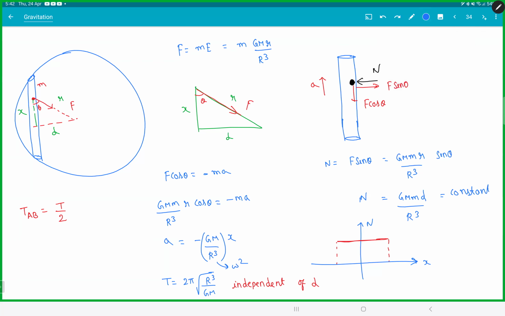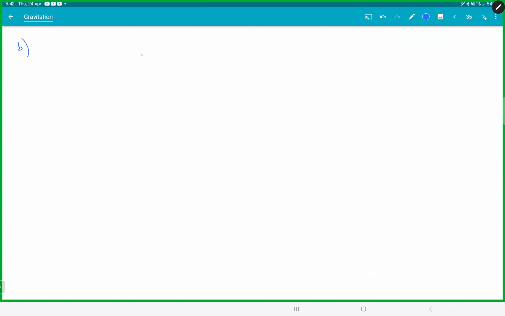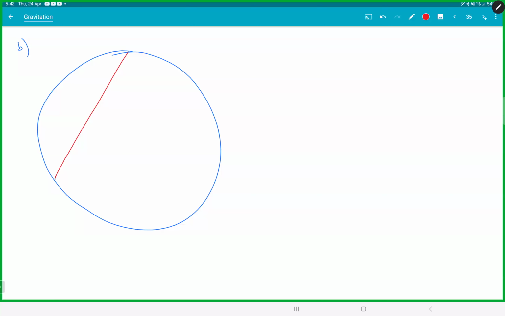Next one. Same thing. What if I do like this? I have taken the planet. This time you have made tunnels like this, an equilateral triangle.